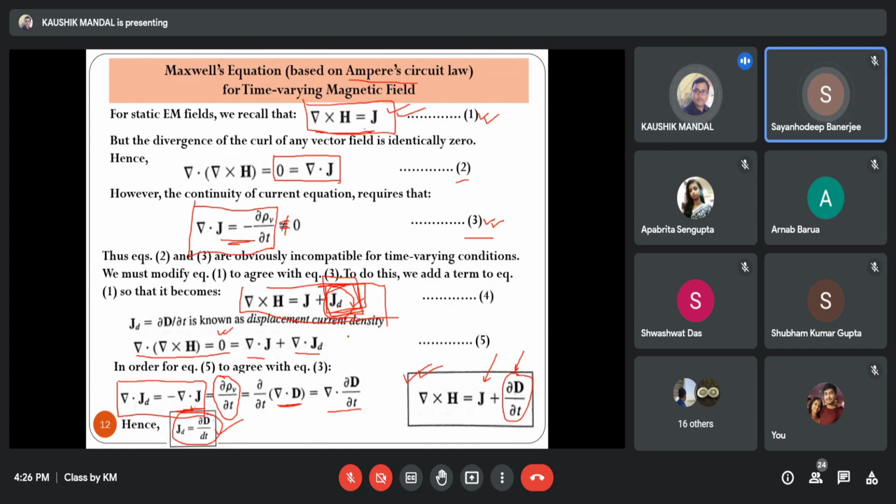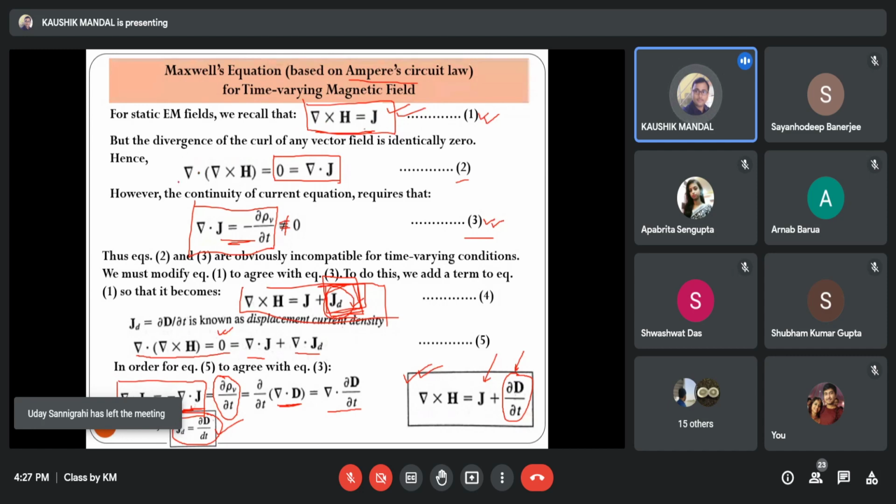Summarizing, we have first described the current continuity equation for the time varying fields. Then we started with the Maxwell's equation that we got from Ampere's circuit law for the static field, that is curl H equal to J. Now on both sides, we have applied the divergence.